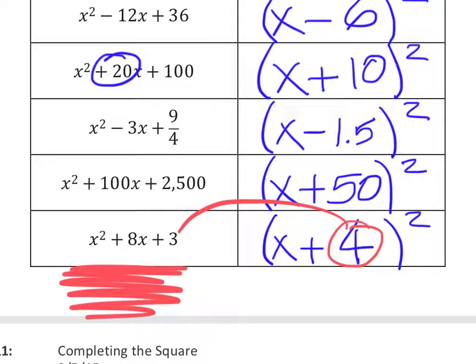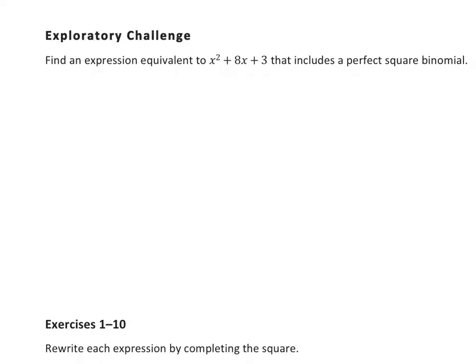And here's an example of one that does not work out, but you can rewrite it using a perfect square factored form binomial. And whenever you run into this, here is what you're going to have to do coming up next. On the last page, we ran into this one that did not work out to be an equivalent expression.